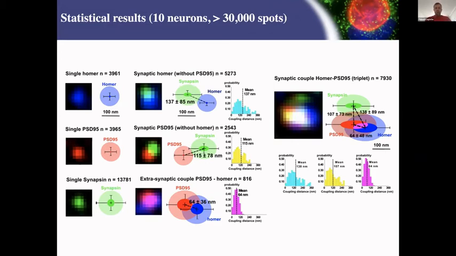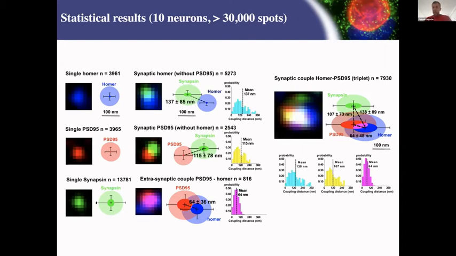So we have the information of the coupling distance and how it is distributed. And so, for example, here we observe that the distance between PSD and Homer, so this is in red and blue, is much lower than the distance between PSD 95 or Homer from synapsin, because synapsin is on the other side of the synapse.